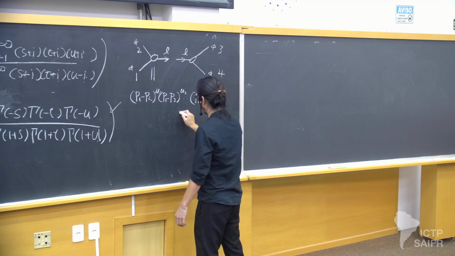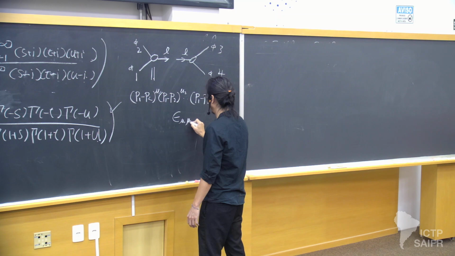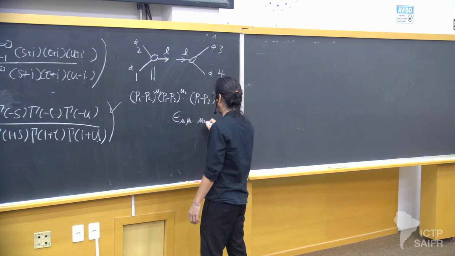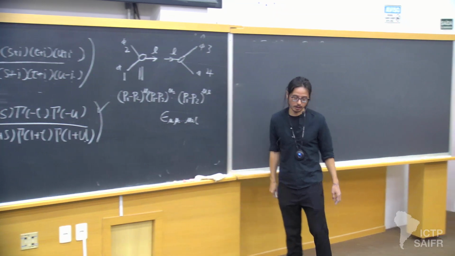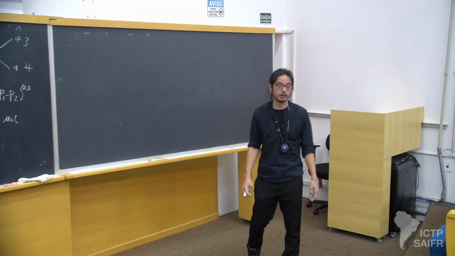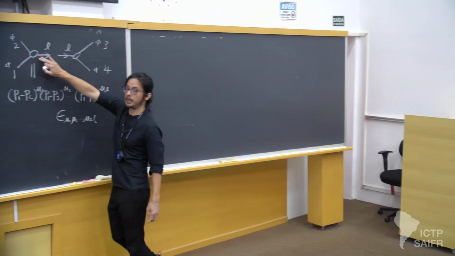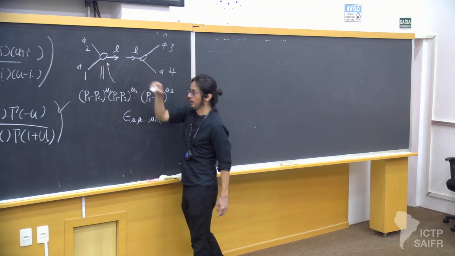And then I'm going to use the polarization tensor for now. The reason that I don't use spinor helicity is because right now I want to do this for any dimension. I'm not going to restrict myself to 4 dimensions. So this will be the amplitude that you have for a spin L on this side.